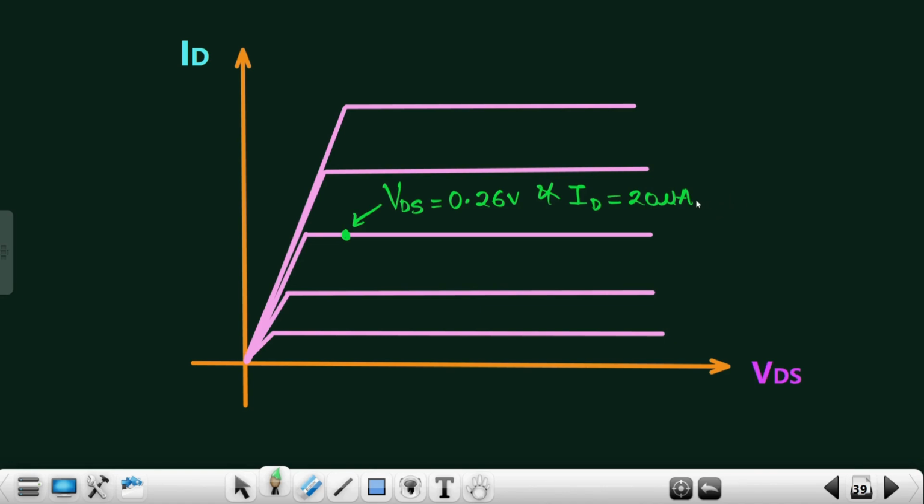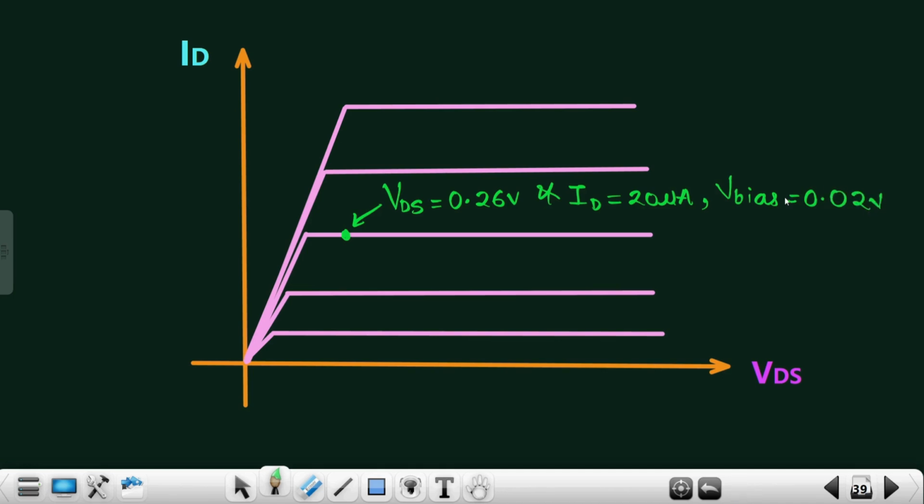Okay, and when we were getting this particular value, this Vbias was 0.02 volts.